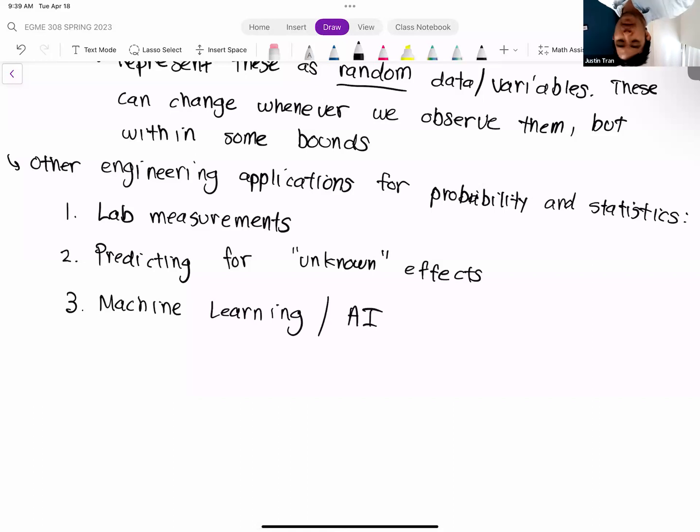And one particular topic that is very hot right now is machine learning or artificial intelligence, AI. Okay. And so the way that AI is designed, from the ground up, from its core, it takes a lot of this uncertainty into account, right? And so if you look at the source code for something like ChatGPT, right? There's going to be a lot of probabilistic models.